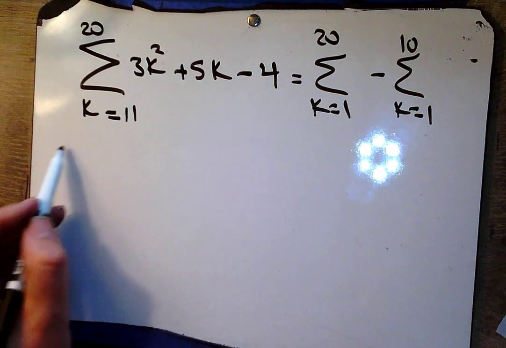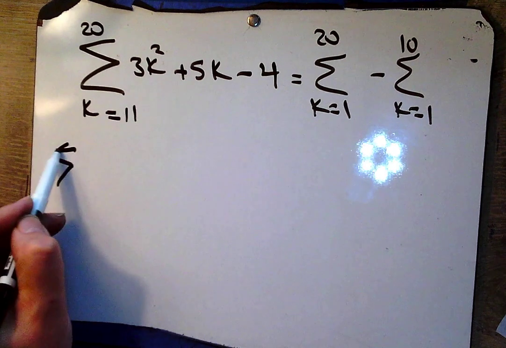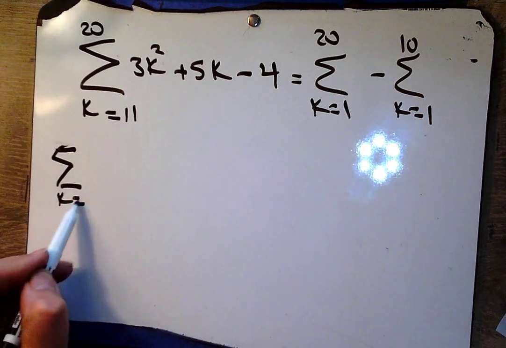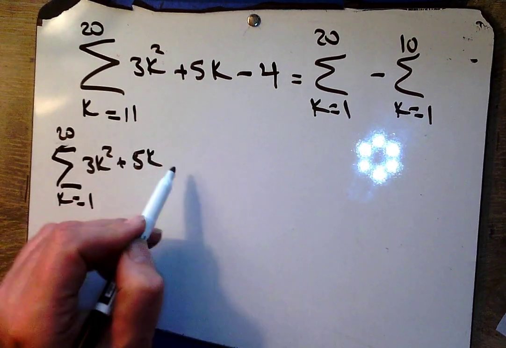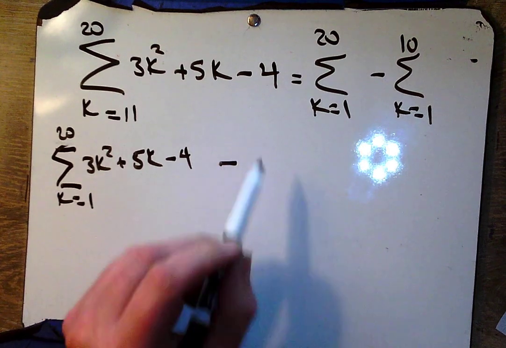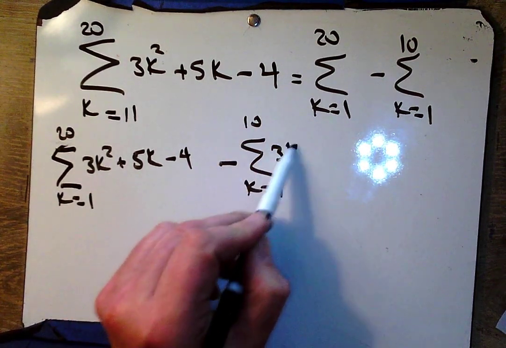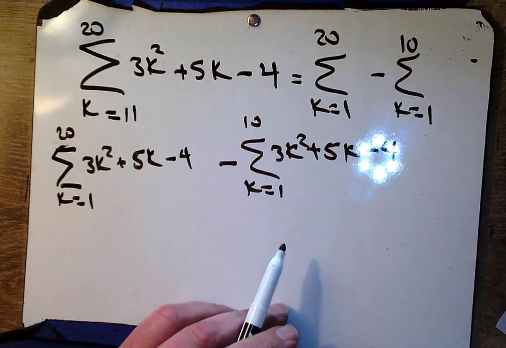Okay, so I'm looking at there. If only I had more Greek in me. K equals 1 to 20 of 3k squared plus 5k minus 4. And then I'm going to subtract k equals 1 to 10 of 3k squared plus 5k minus 4. Cool.